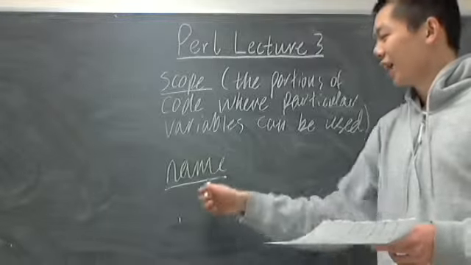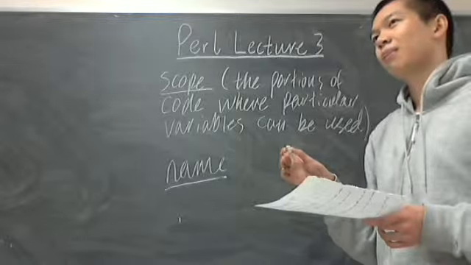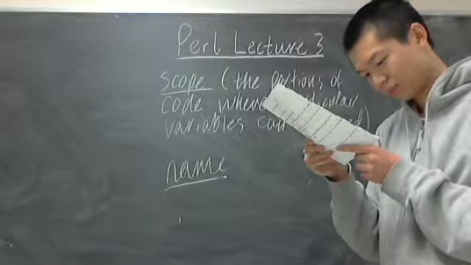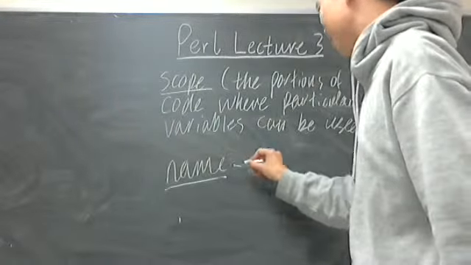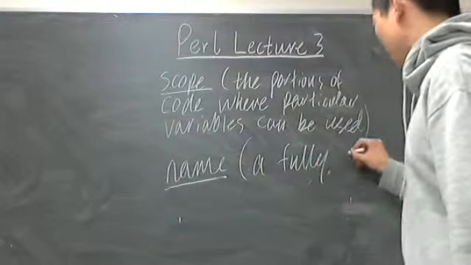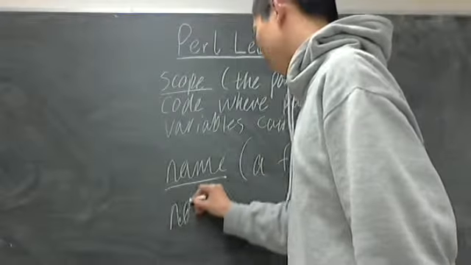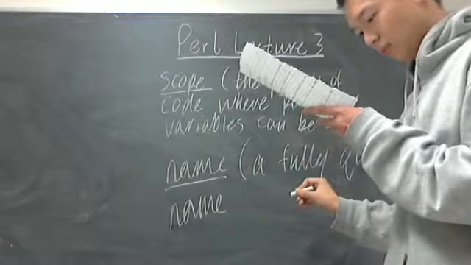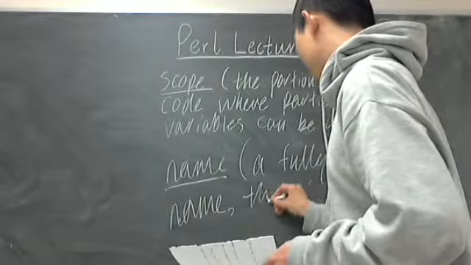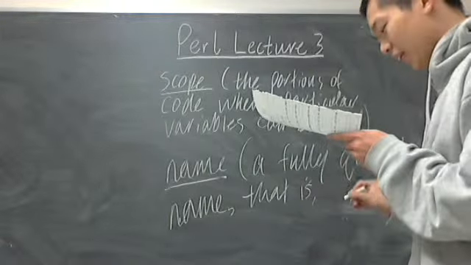What a name is, how shall I say it? Well, this is how Larry Wall writes it, so I'm just going to write what he says: a fully qualified name, that is, a name that says which symbol table it lives in.